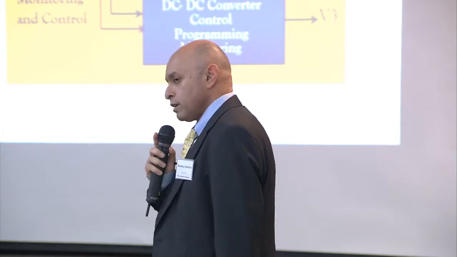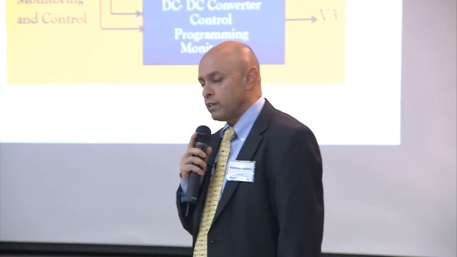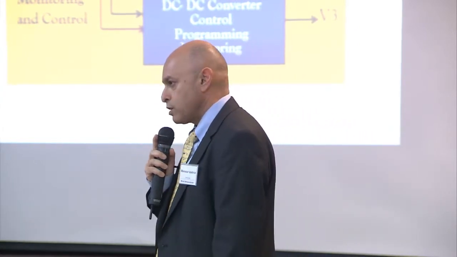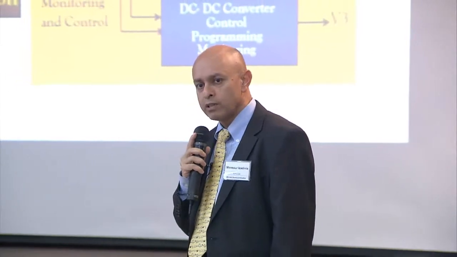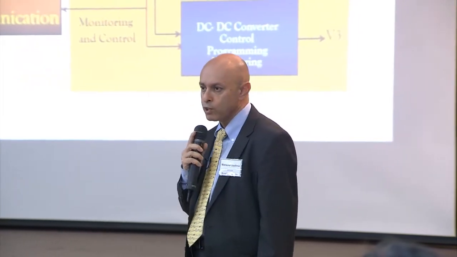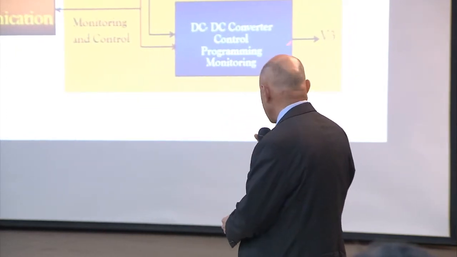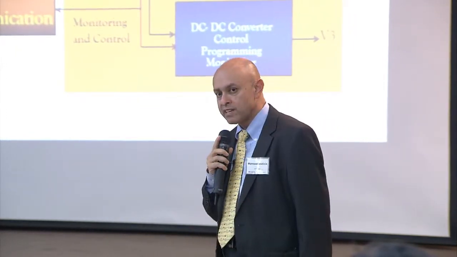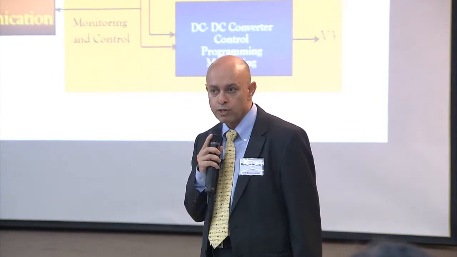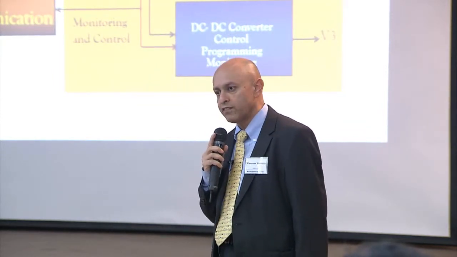So let's take a look at a simplified block diagram of a digital power system. In a typical system, there is not one voltage rail that people are controlling, there are multiple voltage rails. In this case, I'm showing 3 voltage rails, but I must tell you that on a typical server board, there are somewhere between 10 to 20 different power rails.